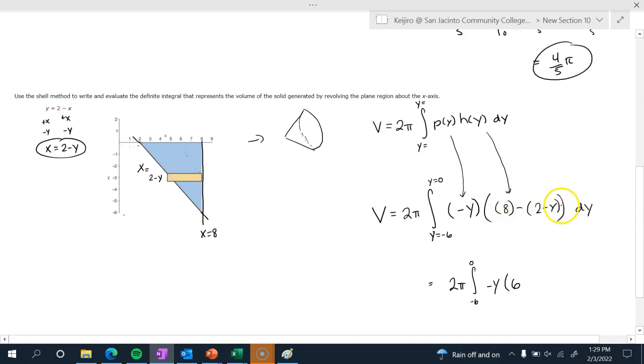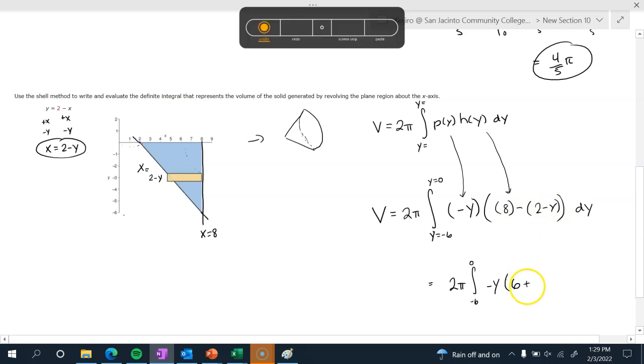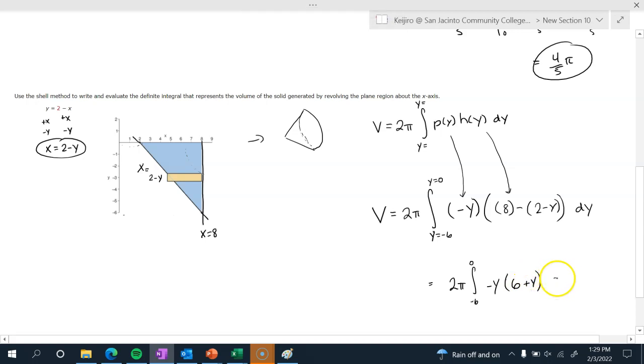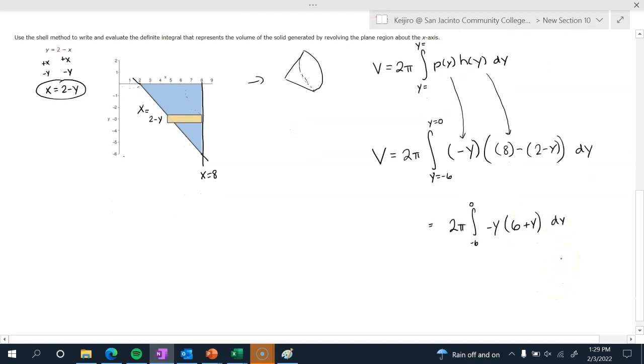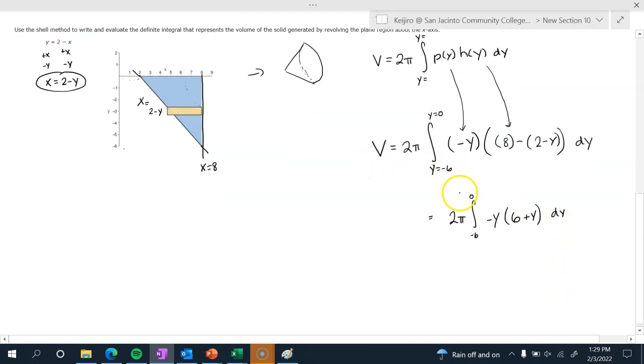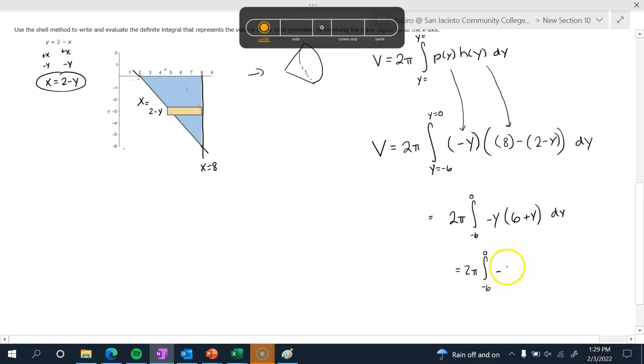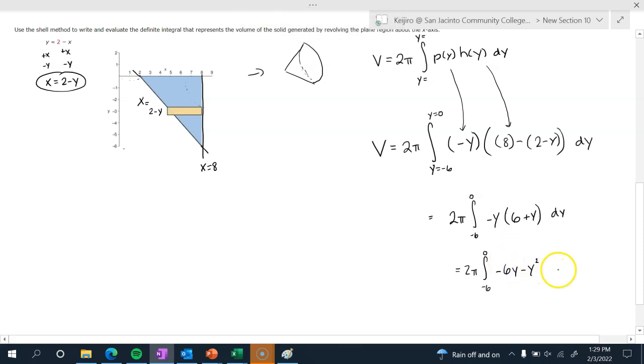And then minus negative y is plus y inside the parentheses here. Which, after you distribute the negative y, negative 6y minus y squared dy.